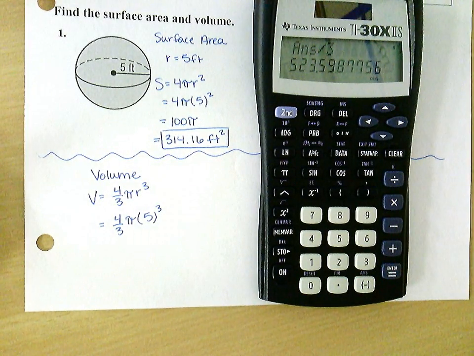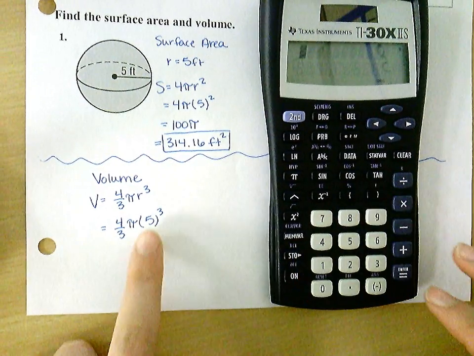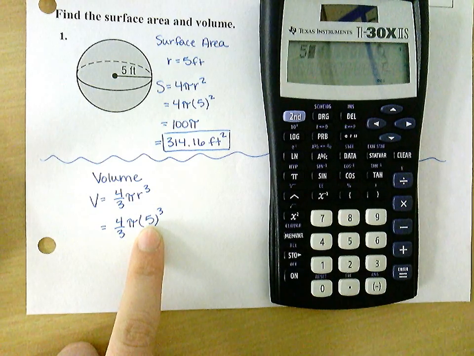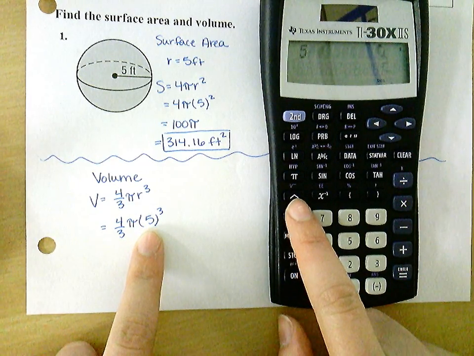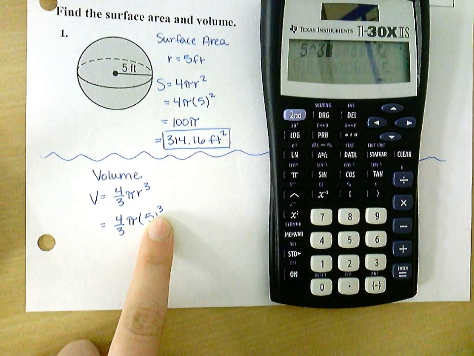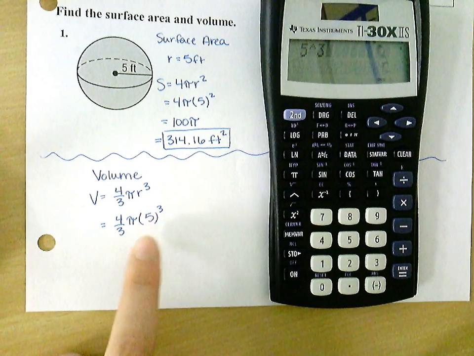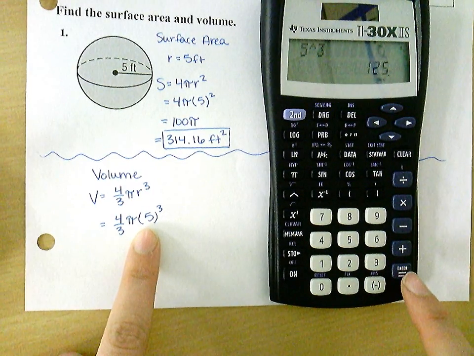Again, typing this into your calculator, I'm going to start with the 5. We push the caret key to raise it to a power. It's to the third power, so I type in 3. Press equals to get 125.